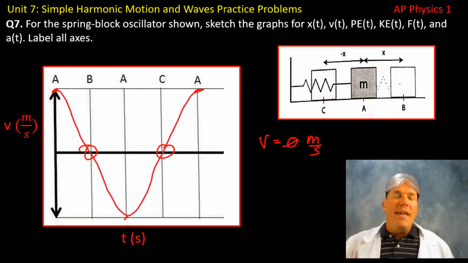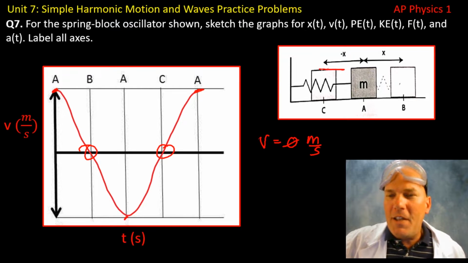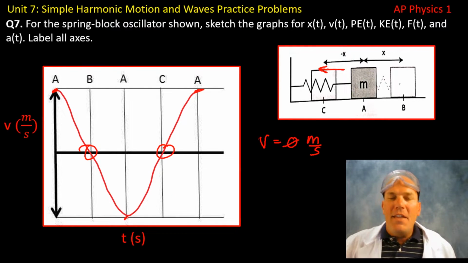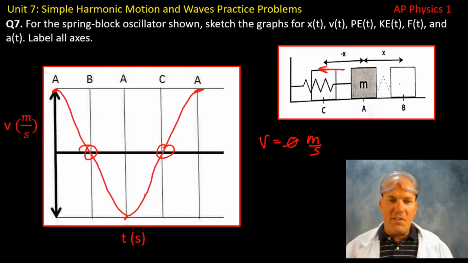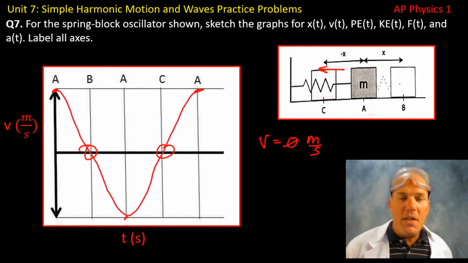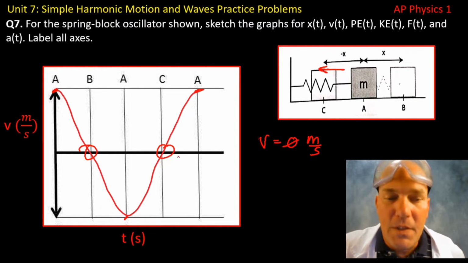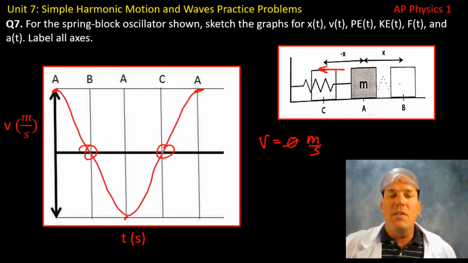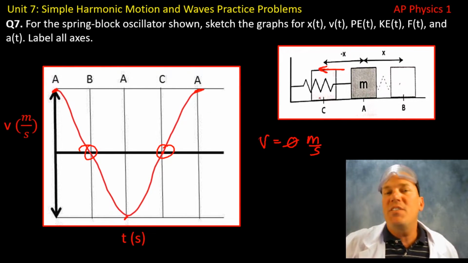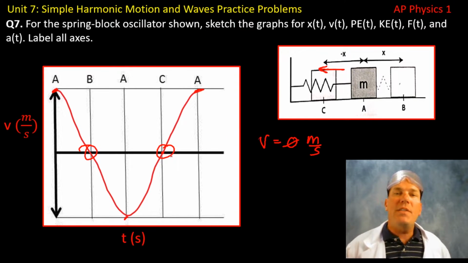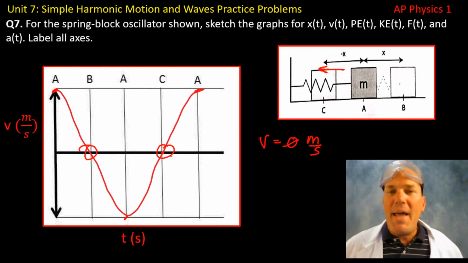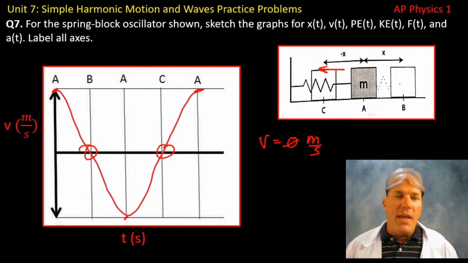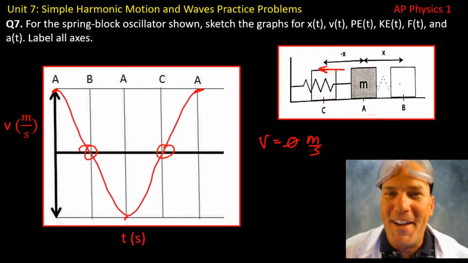Maximum speed at A. After A, it is moving to the left still, so we are still beneath the origin, but it is slowing down until it reaches 0 at position C, at which time it moves back to the right and speeds up.